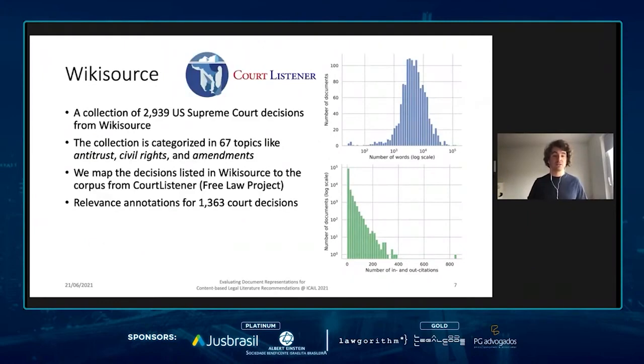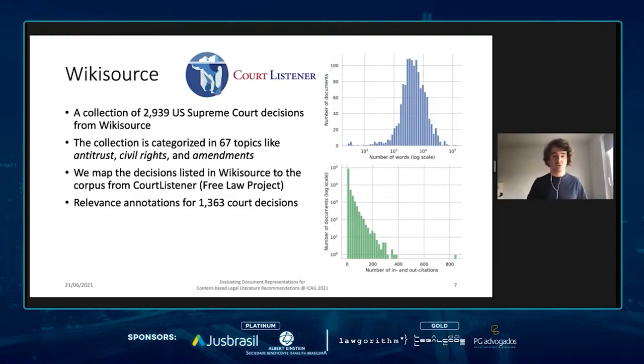Our second data set is Wikisource. Here we utilize a collection of around 3,000 US Supreme Court decisions from Wikisource. Wikisource is a project like Wikipedia from the Wikimedia Foundation, and they collect original source documents.